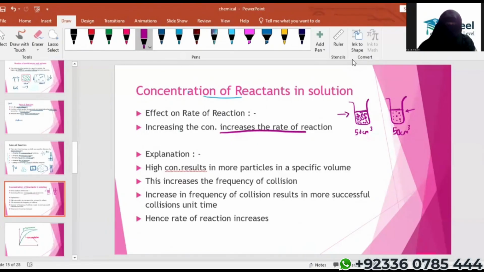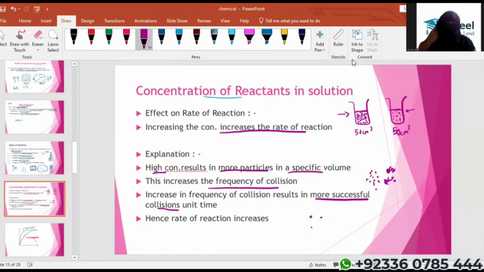Why? Because high concentration results in more particles being present in a specific volume. And so this increases the frequency of collision. If there are more particles present, the frequency of collision between two particles will increase. Okay? So an increase in frequency of collision will result in more successful collisions per unit time.